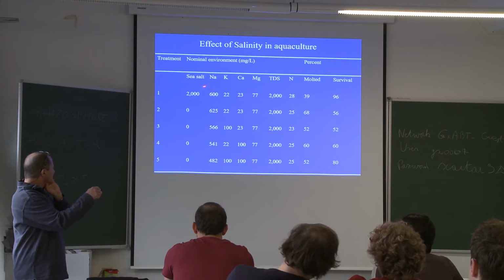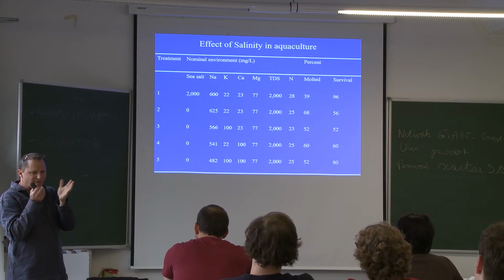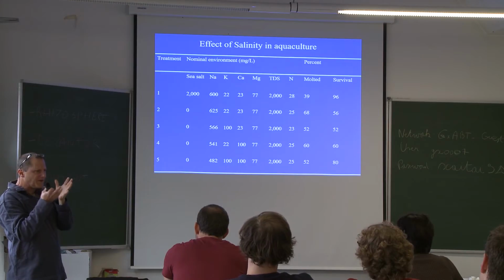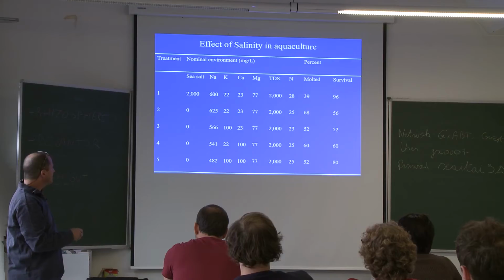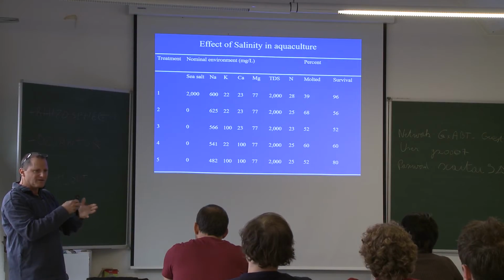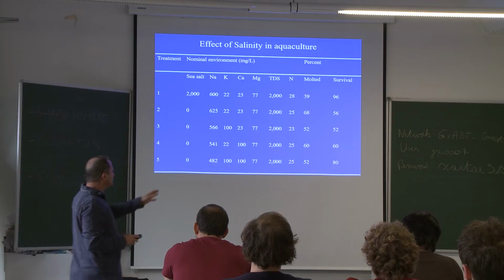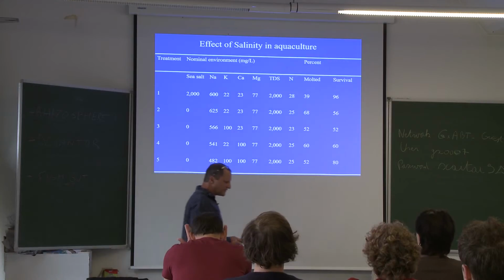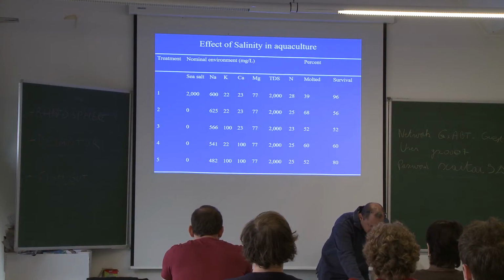So there is something in the composition of seawater, and that's probably an evolutionary thing that helps survival. It's not always just the major ions that determine the capability of fish, or shrimp in this case, to survive. Okay, so the composition is very important.